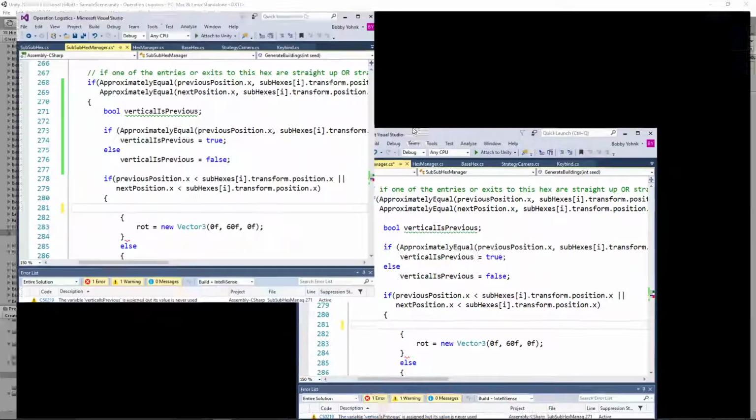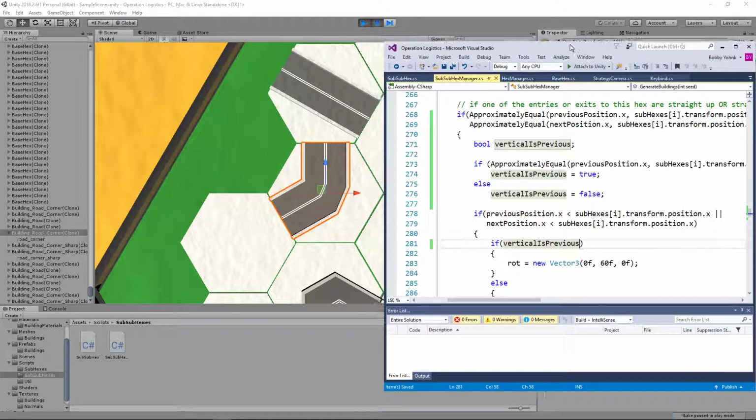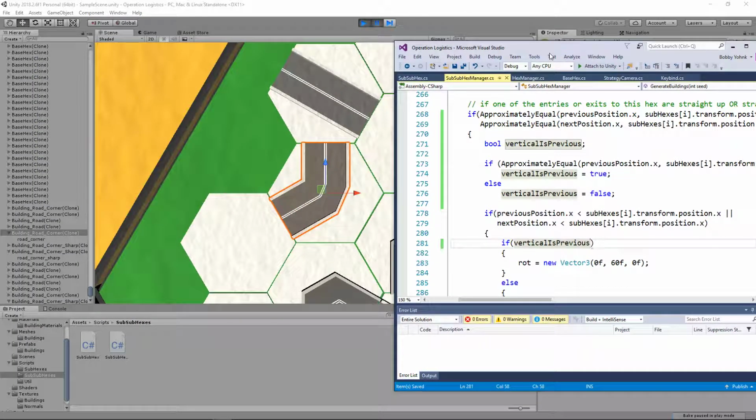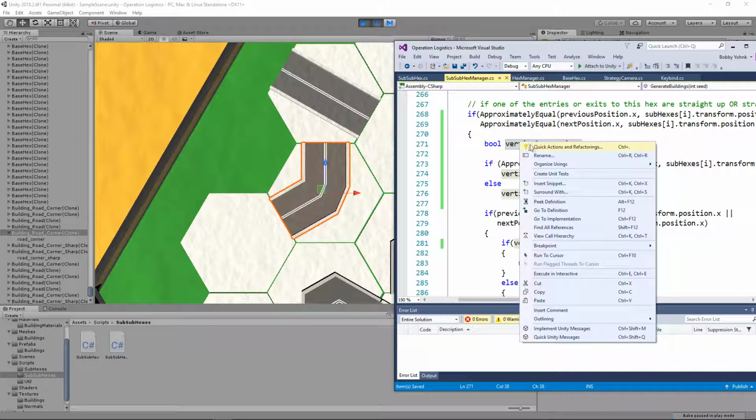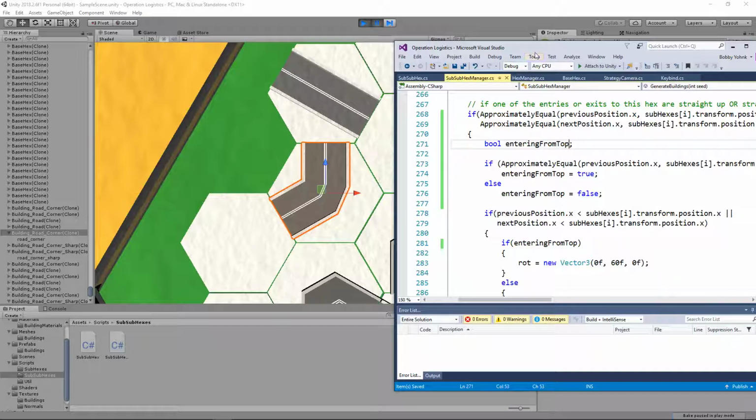And now we just need to know if verticalIsPrevious, then we need to say, so if the previous position is vertical, what does that actually tell us? That actually doesn't tell us anything. So I think let's go ahead and say bool, let's rename this to be bool enteringFromTop. Okay, that'll be a little bit better here.